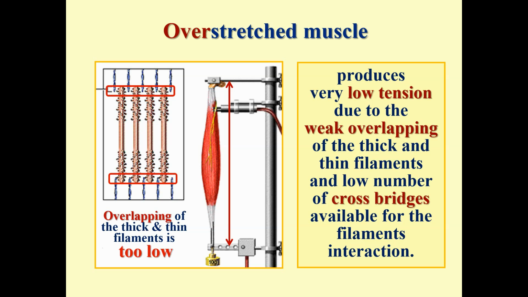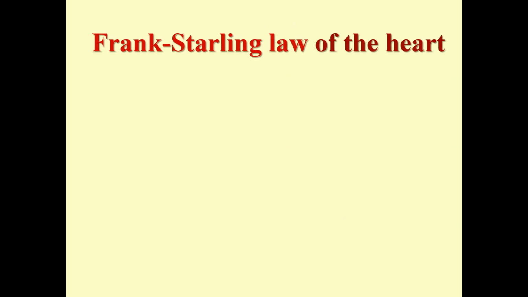And in case of the dilation of the chambers of the heart, the contractions become extremely weak, and this is cardiac failure. So, and this is the basic law of the heart, Frank-Starling law, that is based exactly on the considered laws.